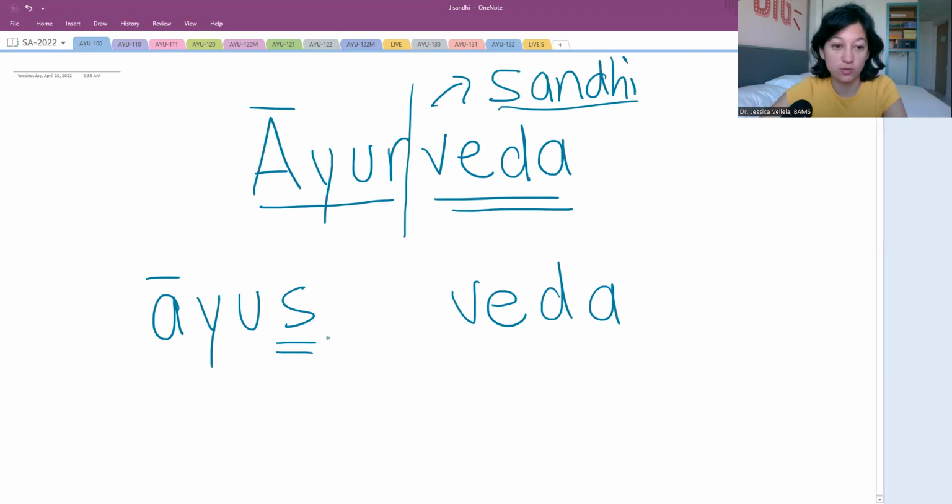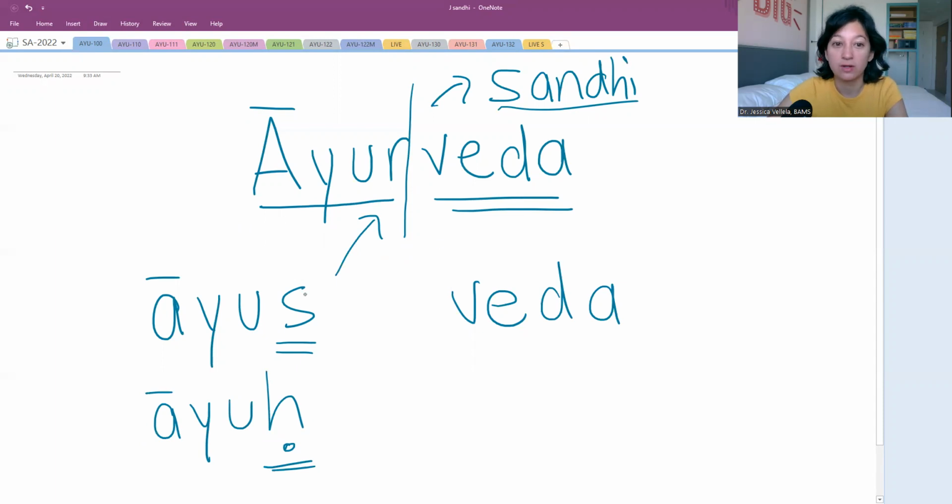So what we can do is follow all these rules, and there are literally hundreds of rules for sandhi that allow an ending like an S, or another variant of the same word, āyuḥ, and these endings get converted into the R. And so when we put this whole word together, Āyurveda, it's a little easier to pronounce that way rather than āyus or āyuḥ Veda.